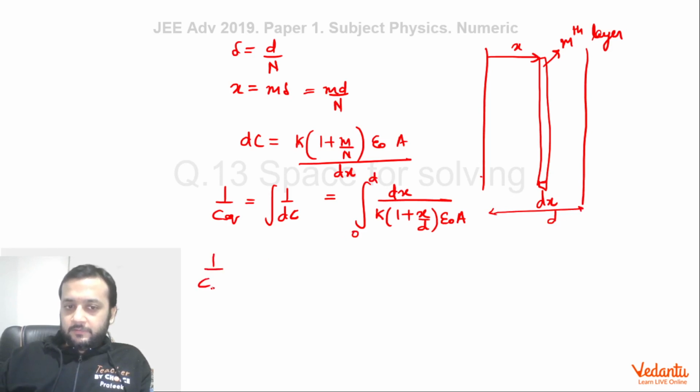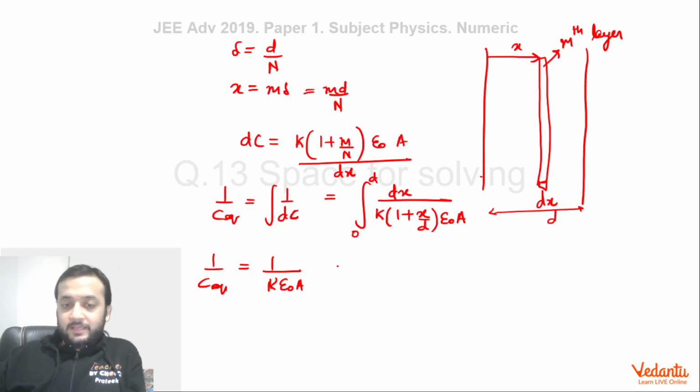So from here 1 upon C equivalent comes out to be 1 upon K epsilon naught A times the integration of dx by 1 plus x by d, which when integrated becomes ln of 1 plus x by d divided by 1 by d, and hence it will be multiplied by d.